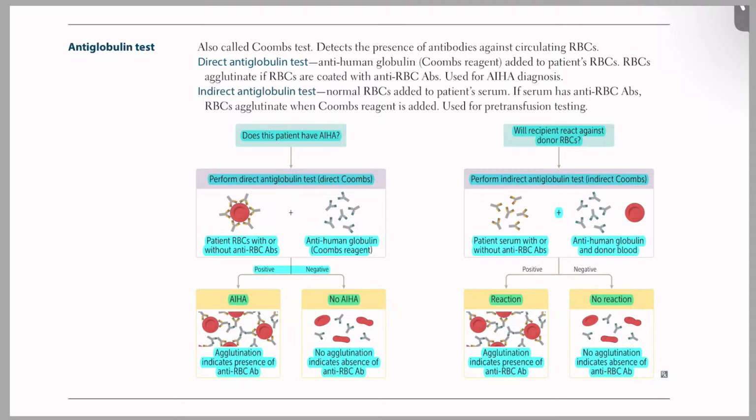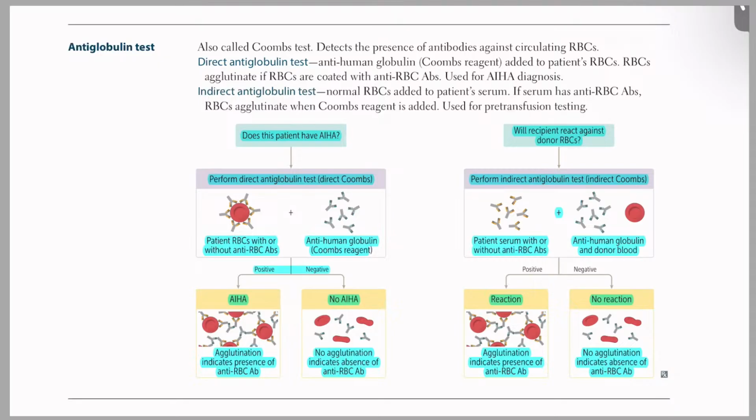Does this patient have AIHA? Perform direct antiglobulin test, direct Coombs. Patient RBCs, with or without anti-RBC antibodies, plus anti-human globulin Coombs reagent.